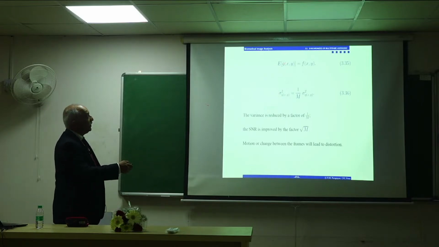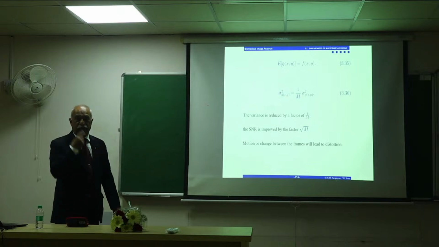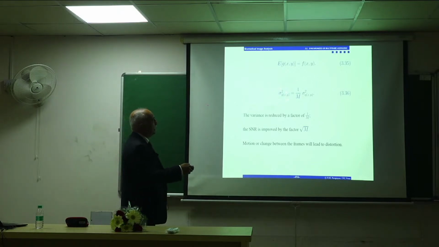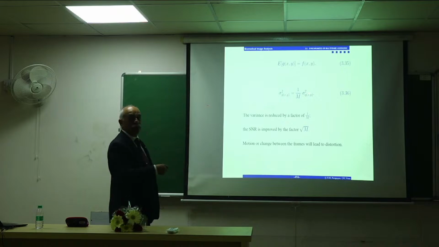Then the expectation of g bar is equal to f, the original image, and you can show that the variance, sigma squared of g bar, is 1 over M times the variance of the noise.